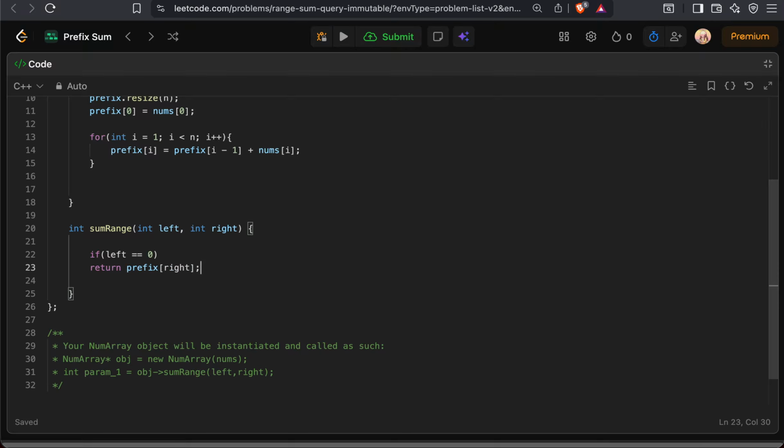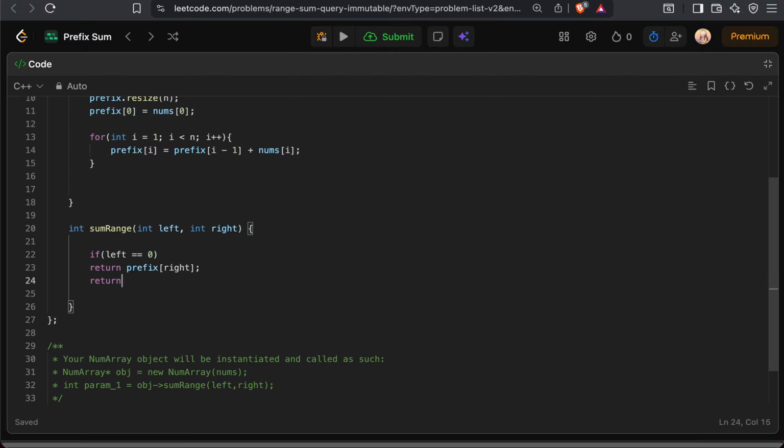Otherwise, return prefix of right minus prefix of left minus 1.